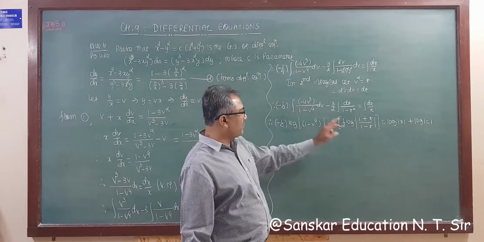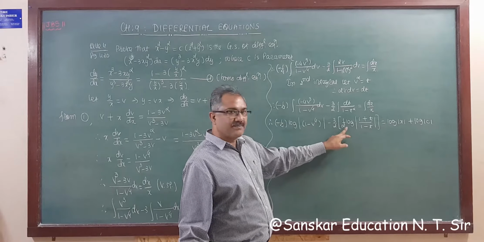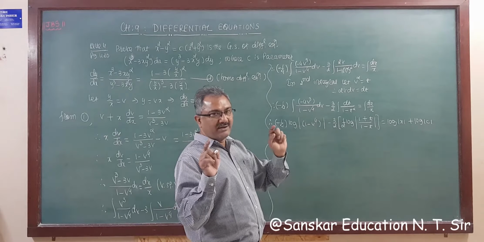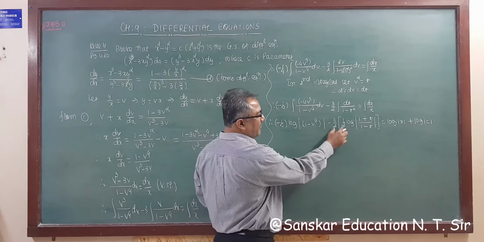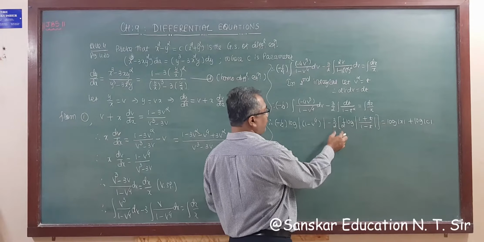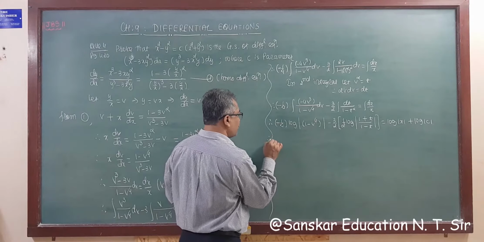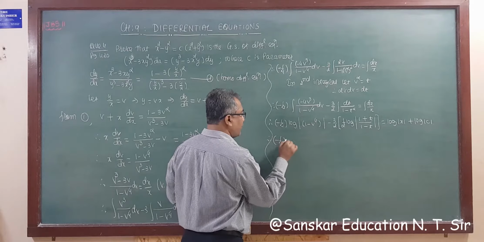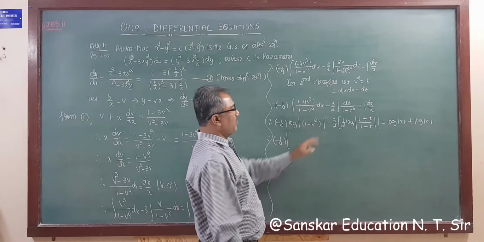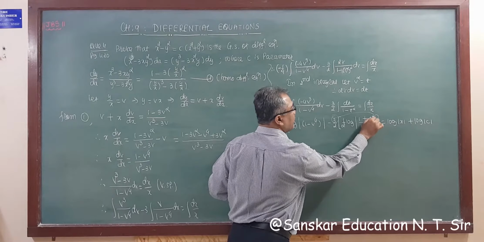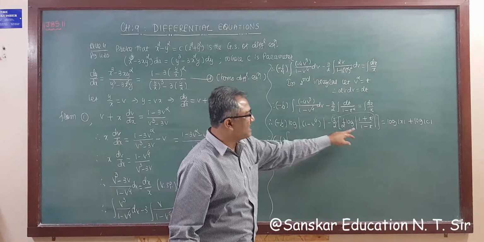Now this is 1 upon 4, this is 1 upon 4, but this is minus minus plus, right? So taking 1 upon 4 common, I am going to write one step directly. So taking minus 1 upon 4 common. Now this is extra, so I am taking this power to here, using log a plus log b.